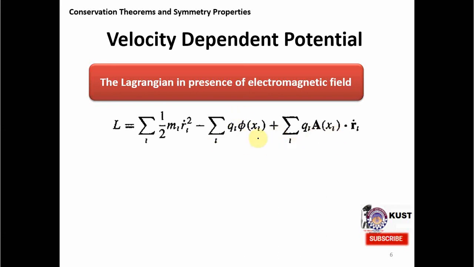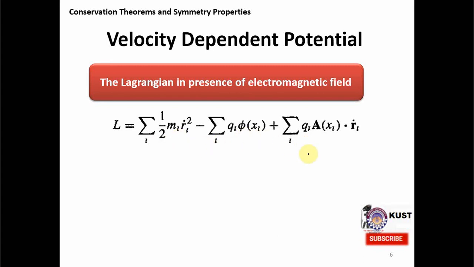You can see that this is the scalar potential phi, and this is the vector potential A. This gives rise to the electric field, and this gives rise to the magnetic field. So together they are electromagnetic fields, and electromagnetic fields are velocity dependent. You can see there is r dot coming in. So we have written this in three dimensions, in terms of Cartesian coordinates.